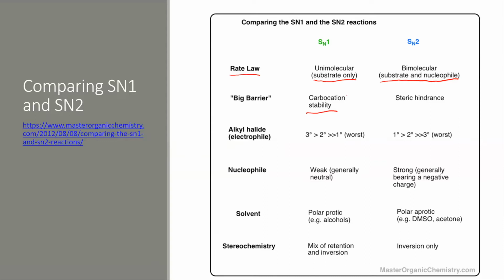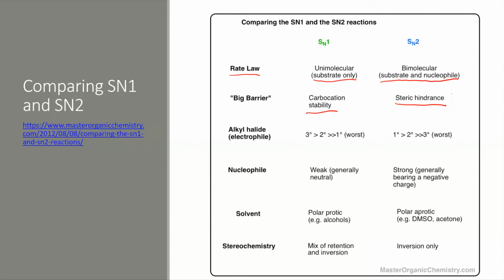And so this is the thing that we're most concerned about during an SN1 reaction: stabilizing the carbocation. In an SN2 reaction, there's no carbocation. So the barrier that you have to overcome for this reaction is any steric hindrance. That's again because this happens through a backside attack. And so you want to limit steric hindrance for an SN2 reaction.